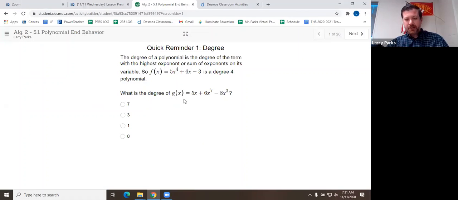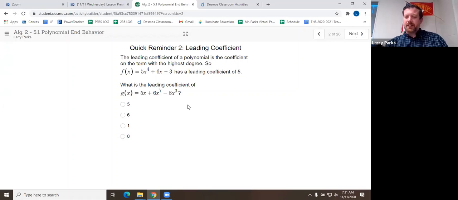So what is the degree of 5x plus 6x to the 7th minus 8x to the 3rd? I choose the one with the biggest exponent, so I'd say this is a polynomial of 7th degree. Also, putting stuff in standard form, you should put the 6x to the 7th first, and then the minus 8x to the 3rd, and then the 5x.